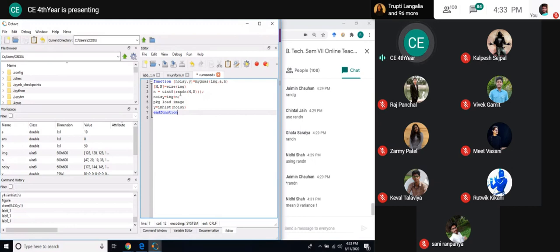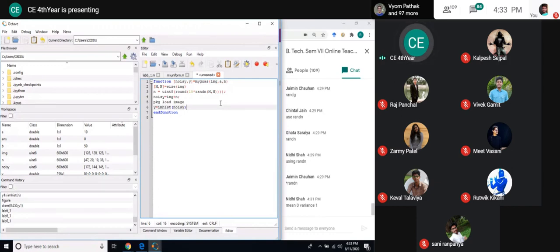So if I keep it as 10 into randn, rounded off, my numbers are generated in the range of 0 to 1, they get multiplied with 10, so they will be in the range of 0 to 10. Then they are rounded off and converted to uint8 type.